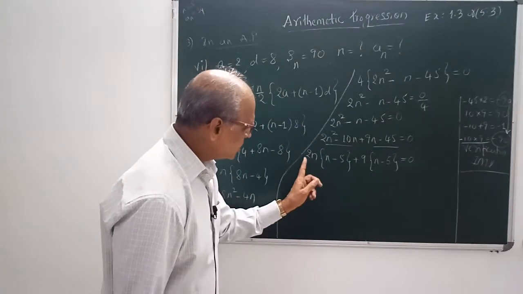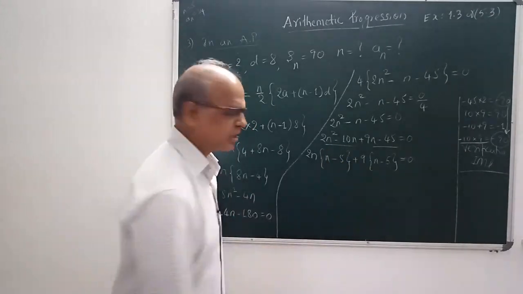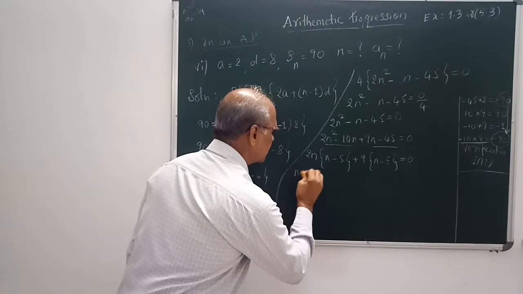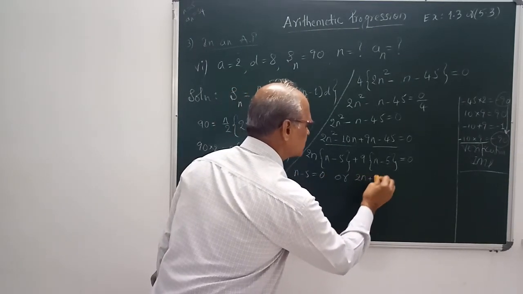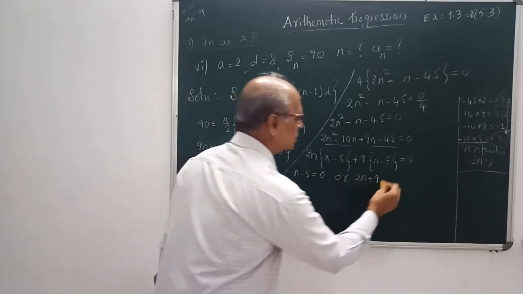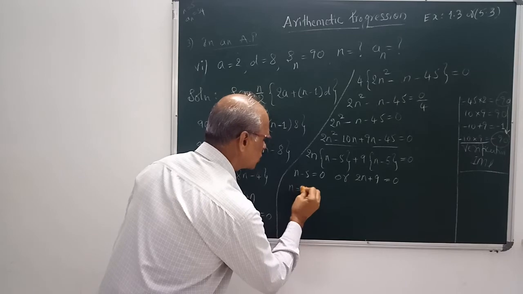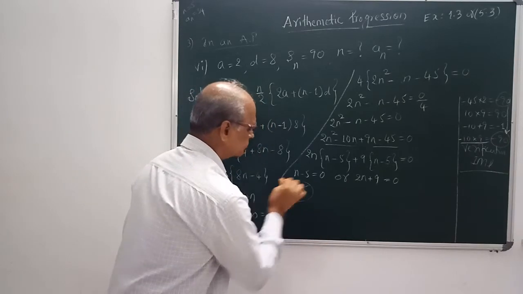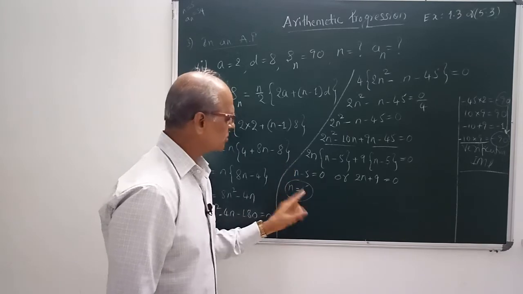That means either 2n plus 9 is equal to 0 or n minus 5 is equal to 0. That means here n minus 5 is equal to 0 or 2n plus 9 is equal to 0. So what happens here? n is equal to 5, because this is minus 5, transpose plus 5.